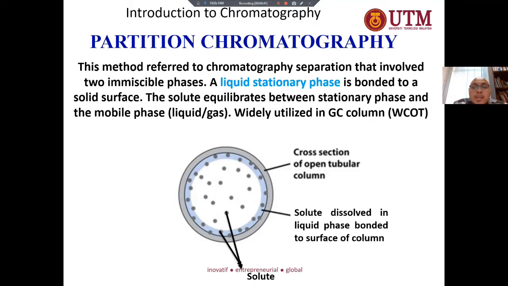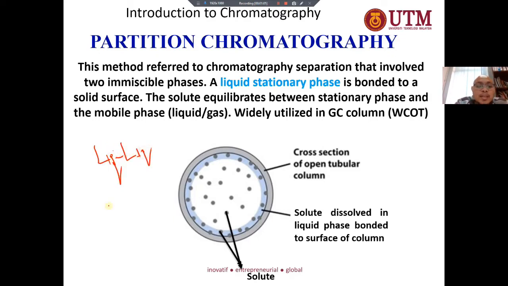But in modern separation techniques today, the definition of partition chromatography is when the chromatography separation involves two immiscible phases. It can be liquid-liquid.